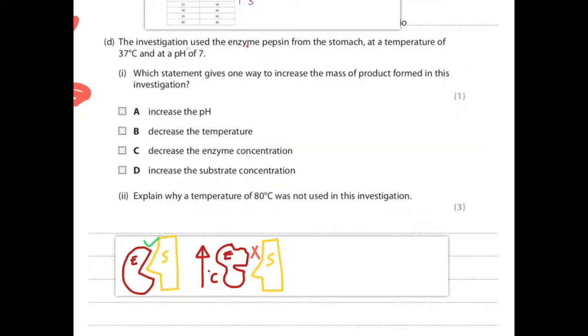The investigation used the enzyme pepsin from the stomach at a temperature of 37 degrees Celsius and at a pH of 7. So 37 degrees Celsius is basically the optimum temperature for enzyme activity in the human body. What I mean by that is it's the temperature at which enzymes work fastest. pH 7, neutral pH, is usually the optimum pH in the body, because most places in the body are neutral, so it makes sense that enzymes work fastest in neutral conditions.